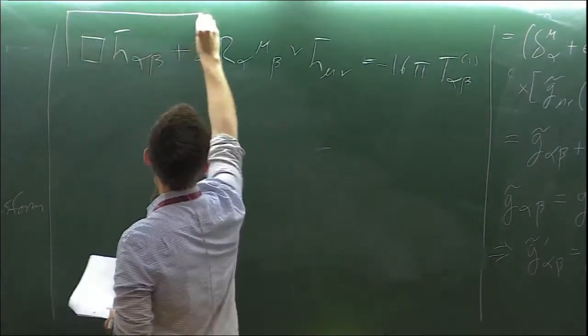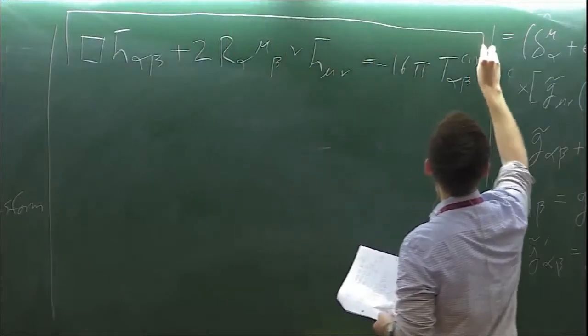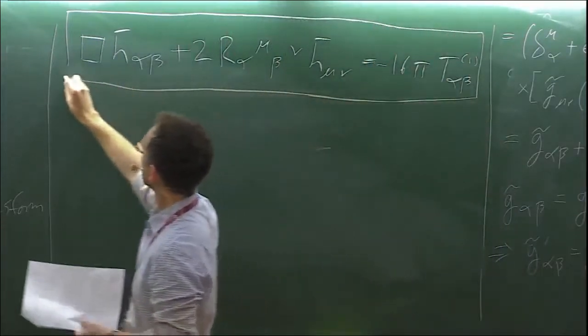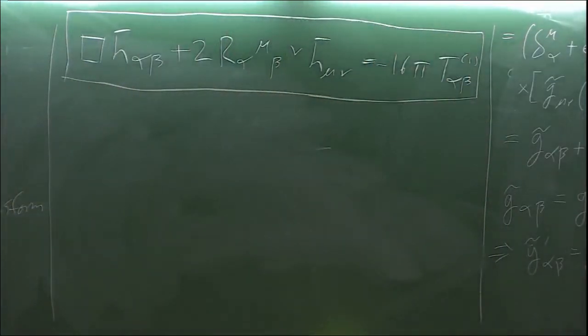So that what was an 8 pi has become a minus 16 pi because we've just multiplied this minus a half to the right-hand side of the field equation.